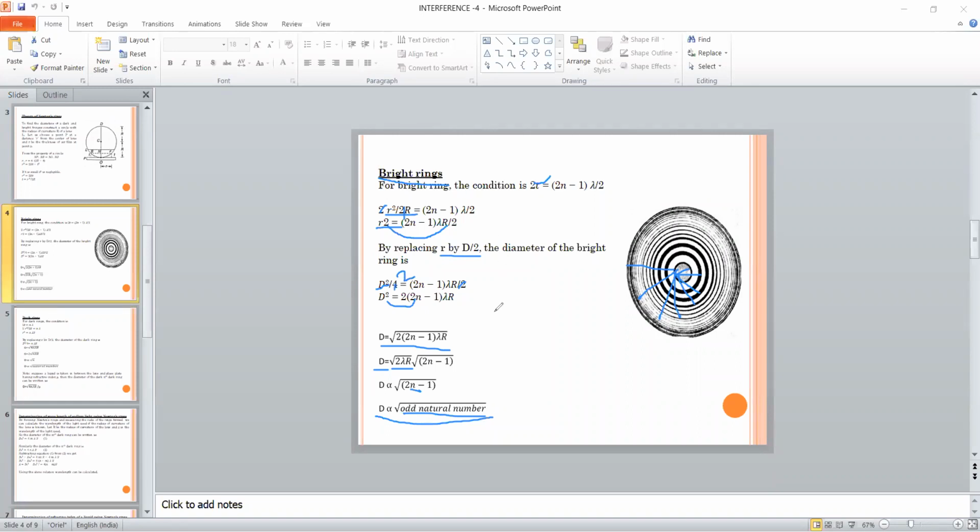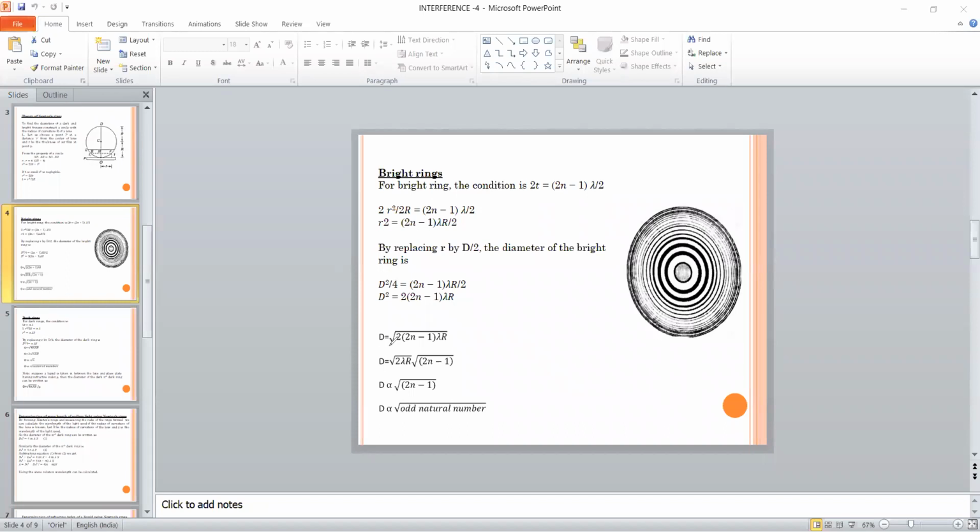In a similar manner, we have to find the diameter of the dark ring. So here, again I repeat. This is the condition for bright ring. Substitute the t value here and replace r by d by 2. And this is the d square formula.